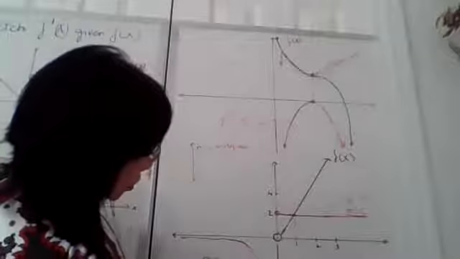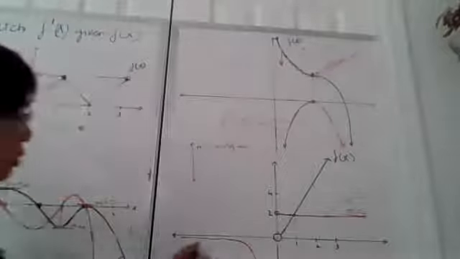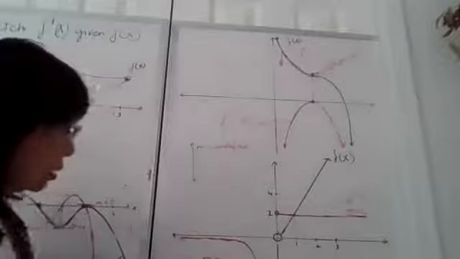And then at the vertical tangent, this derivative will never touch the tangent. It's getting closer and closer, but it never touches the tangent line, right?